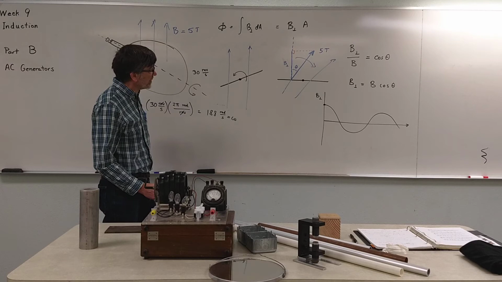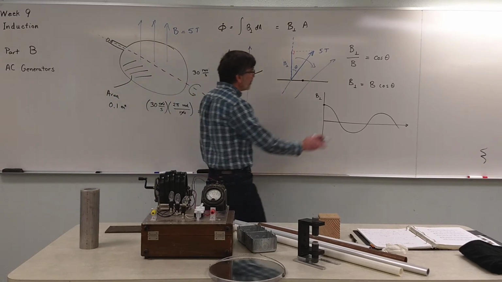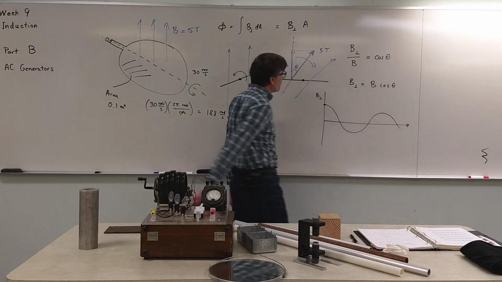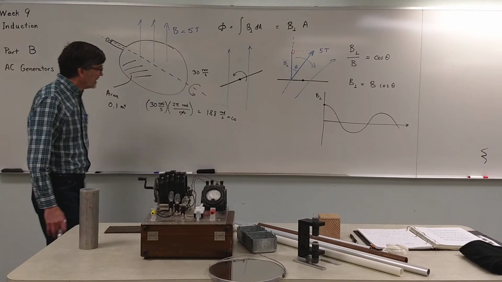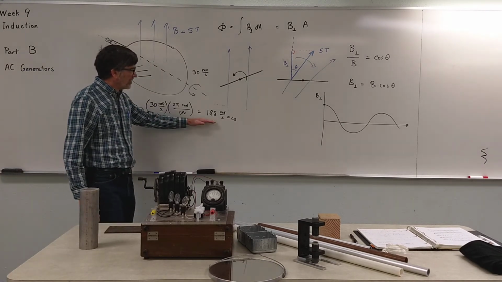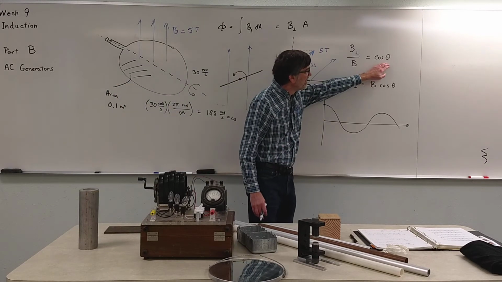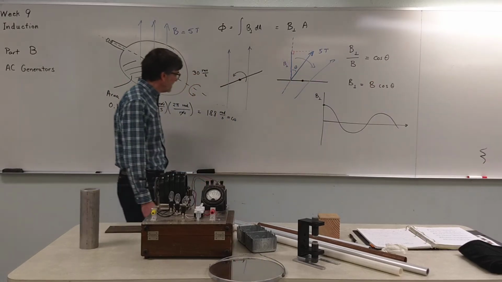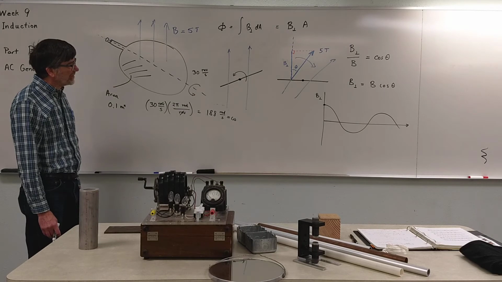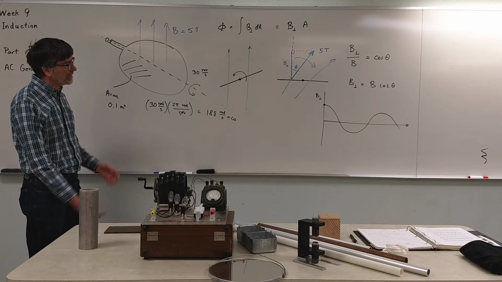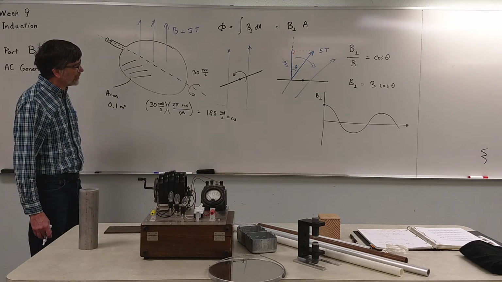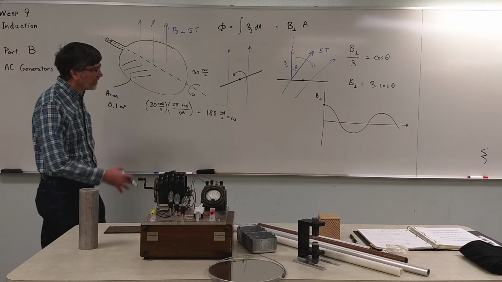So, how do we figure this out? We've got to get an expression for theta as a function of time. Now we have the rotation rate. How do we relate that to the angle? This maybe takes going back to some of the basic ideas of rotation.